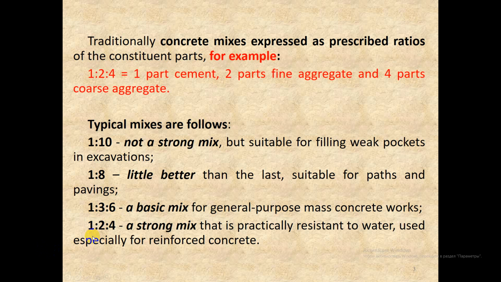And the last, 1 part cement, 2 parts fine aggregates, and 4 parts coarse aggregates. This is a strong mix that is practically resistant to water, used especially for reinforced concrete.